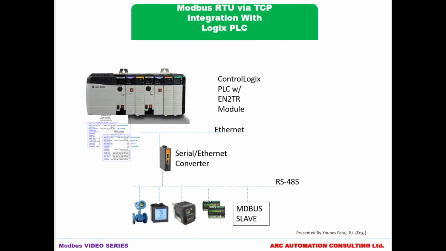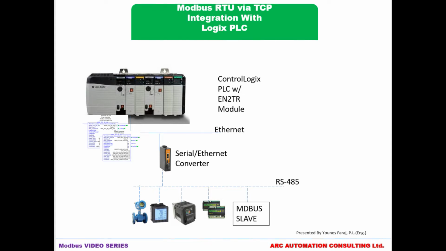Now for the purpose of our implementation, we're going to have a ControlLogix PLC with an Ethernet module, and the way to implement the architecture in these circumstances so we can pick up our Modbus devices is we can have a serial to Ethernet converter between our RS-485 network and our Ethernet network.